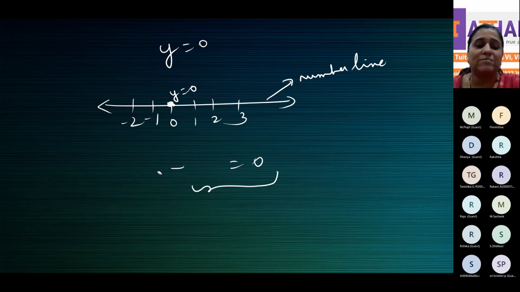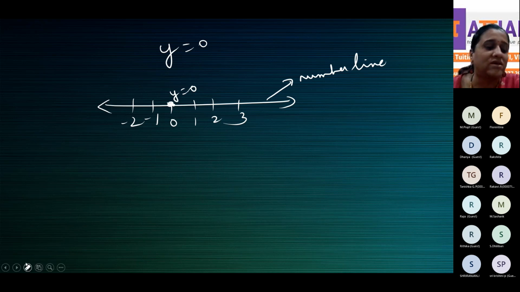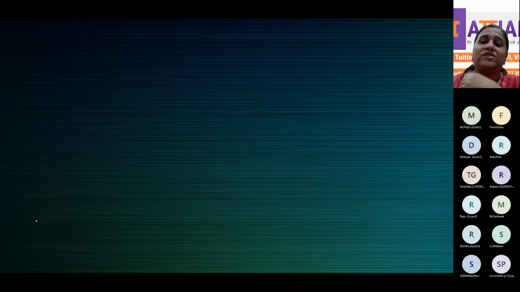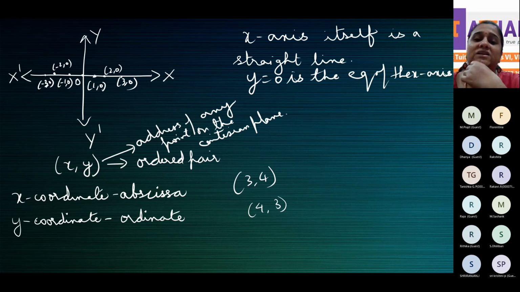So this is the representation of y is equal to 0 when you treat it as a linear equation in one variable y: a point on the number line. If you treat the same thing as a linear equation in two variables x and y, then the equation looks like this: 0x, because x is not there, plus y is equal to 0.